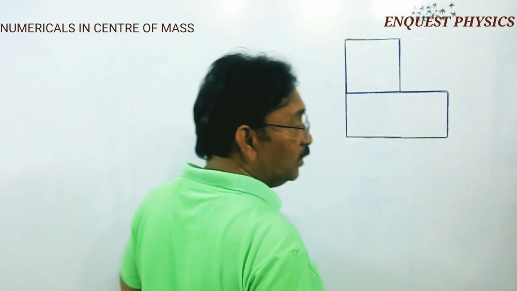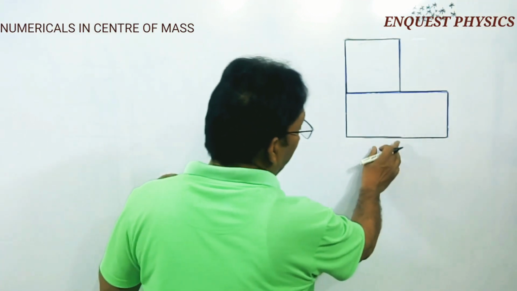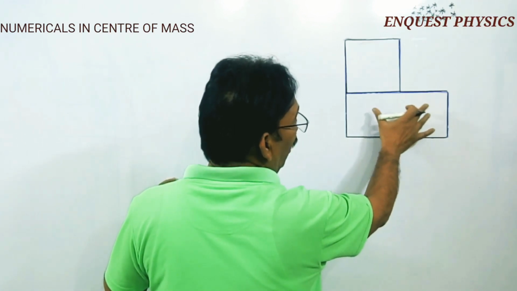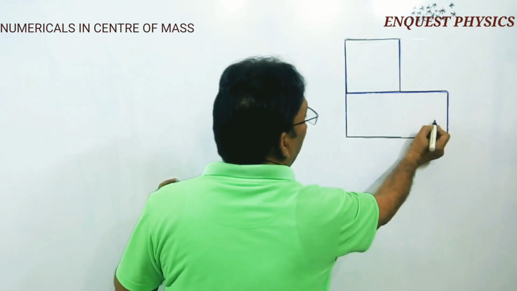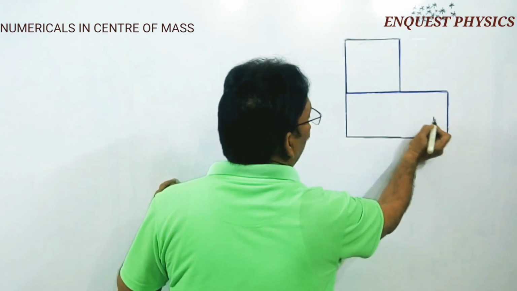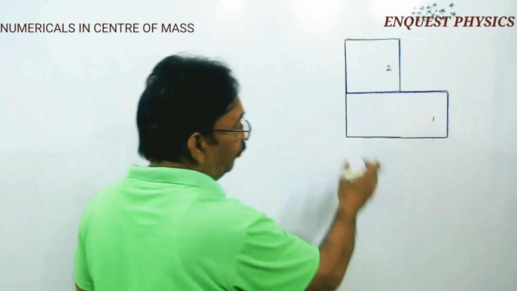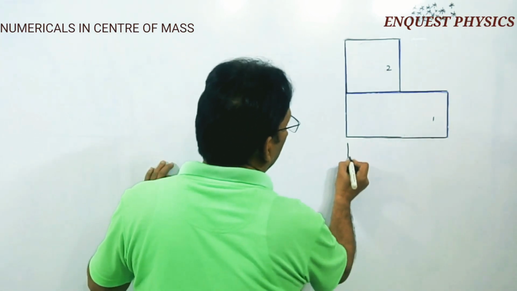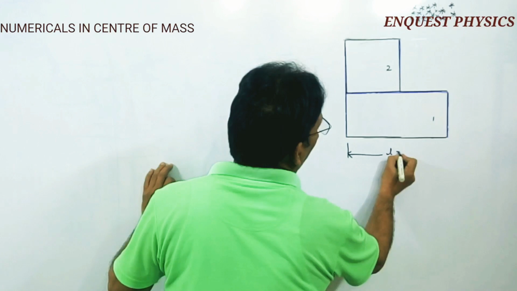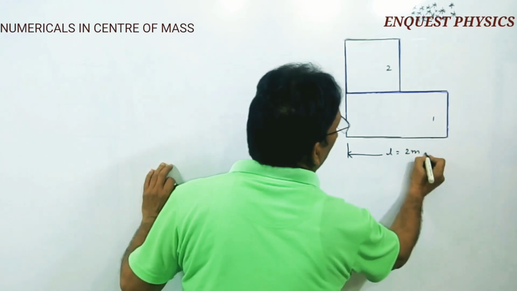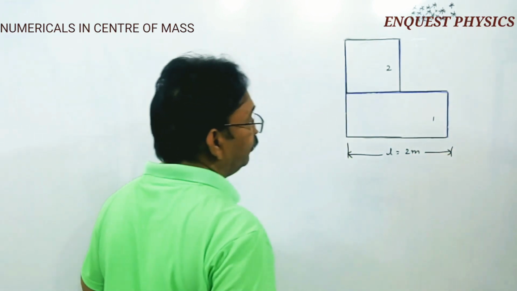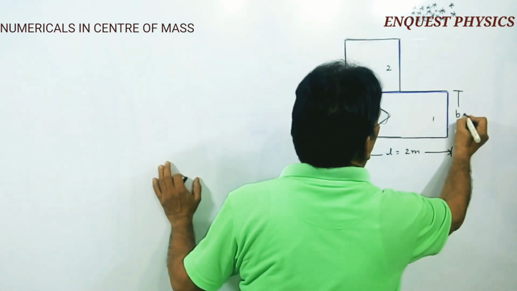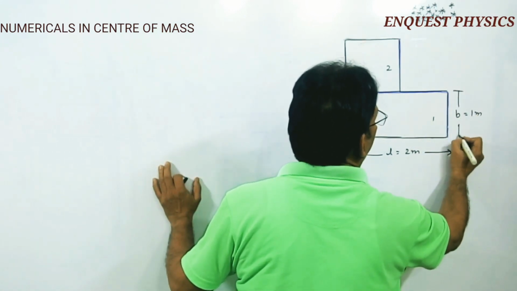Let's go with the dimensions of this lamina to understand things very easily. I'm taking one block and another thin plate, the second kept over the first. Let's say the first has a length L1 equal to 2 meter. I'm taking numericals, students, and its breadth is 1 meter.